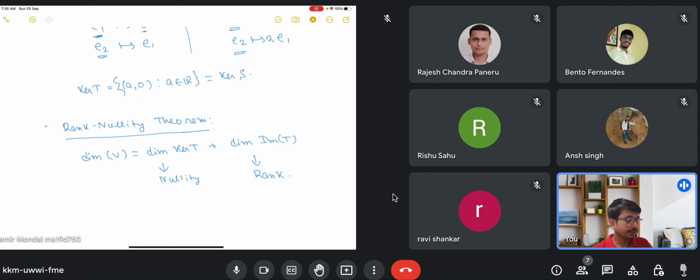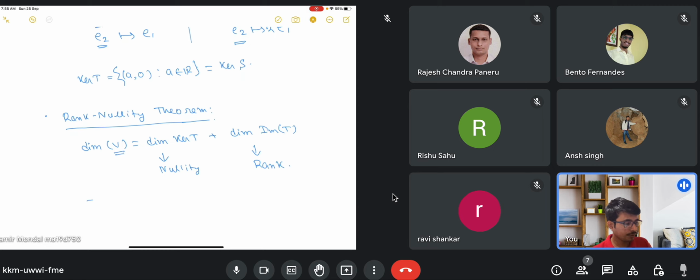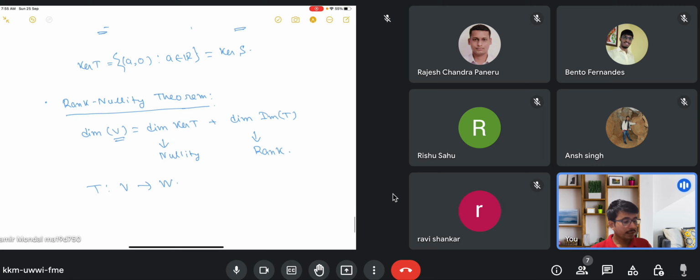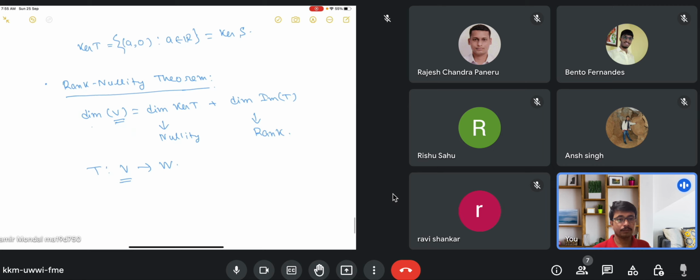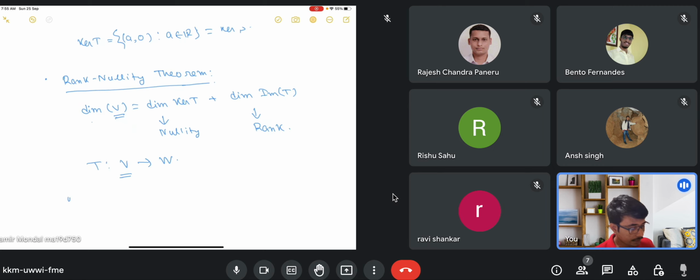So my question is, suppose you have a linear transform from V to W. You are telling that the dimension of V is equal to this one. Is this theorem true for all vector spaces or is some restriction there? Please tell me.